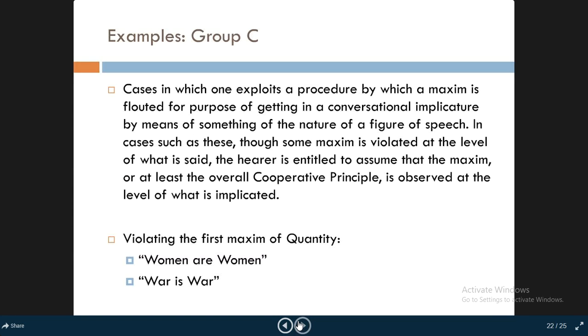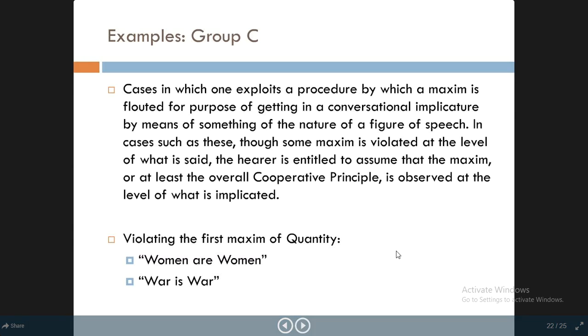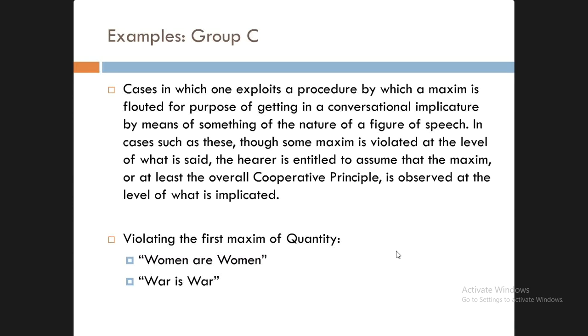Okay, Group C. Cases in which one exploits a procedure by which a maxim is flouted for the purpose of getting in a conversational implicature by means of something in the nature of a figure of speech.